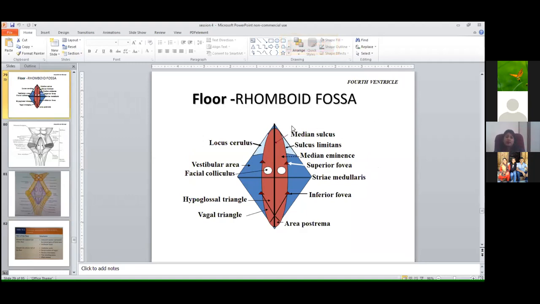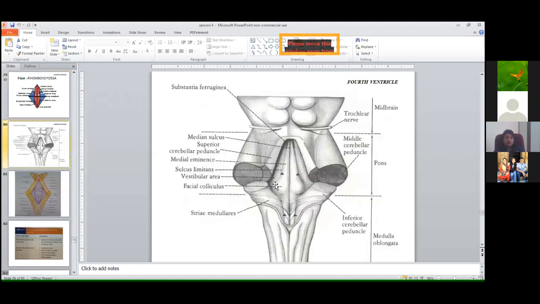The median sulcus divides it into right and left halves. Then you have the sulcus limitans. In the upper part you find the vestibular area with the facial colliculus. In the lower part, the important things are the hypoglossal triangle, vagal triangle, and the area postrema, the vomiting center. It's present in the floor of the fourth ventricle. This is the rhomboid fossa.